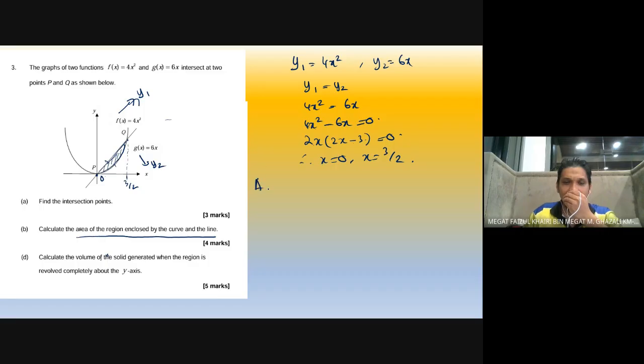So the area equals the integral of the straight line 6x dx minus the curve, which is represented by 4x squared dx, both with the same limits of x equal to 0 until 3 over 2. Okay class, why do I write this 6x minus 4x squared? Look at this.